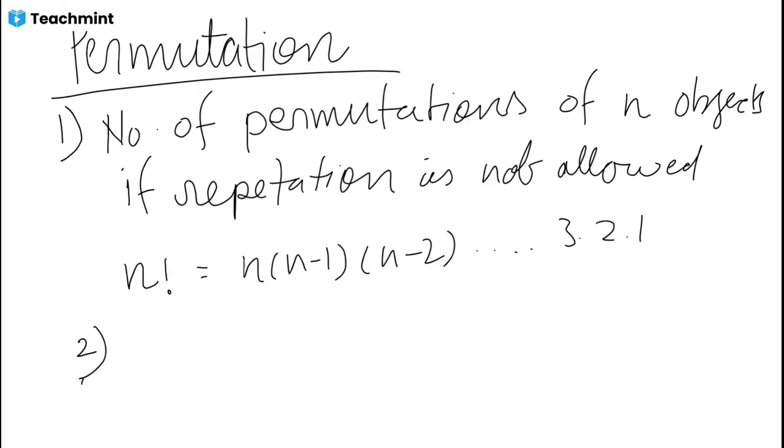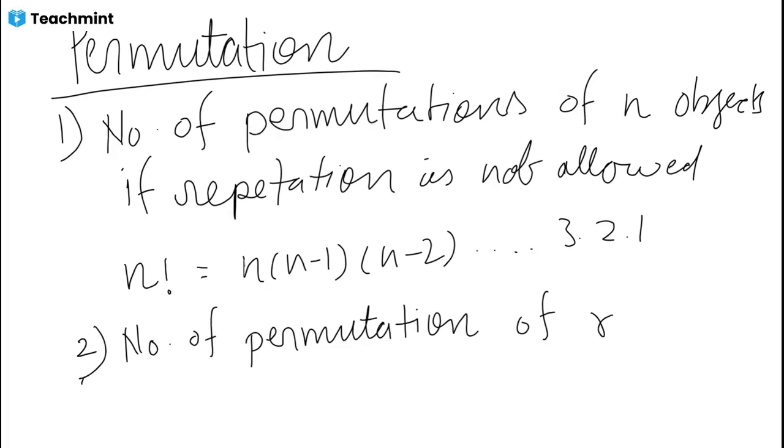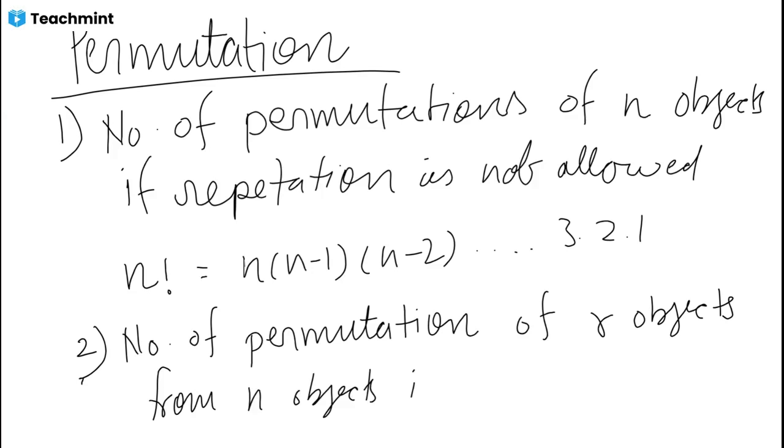Now, the number of permutations of r objects from n if repetition is allowed.